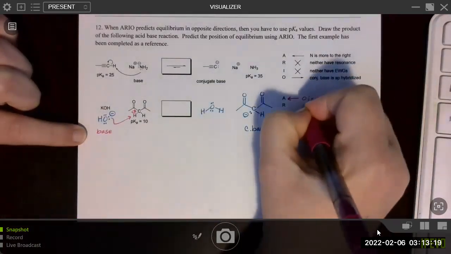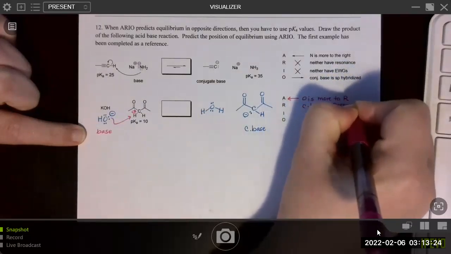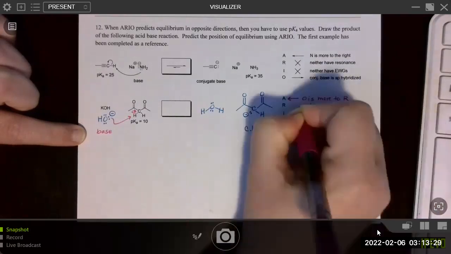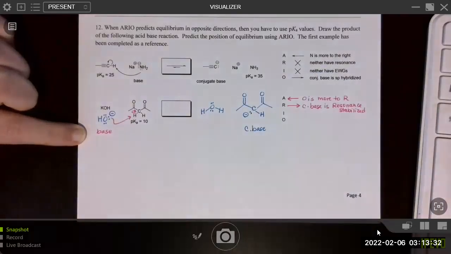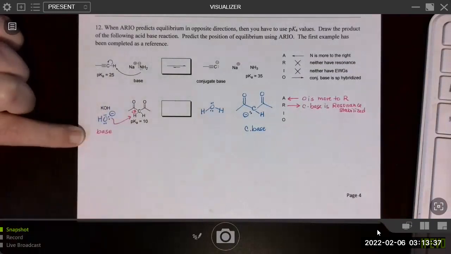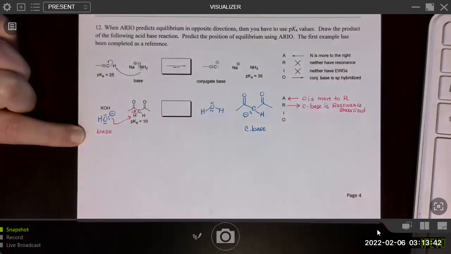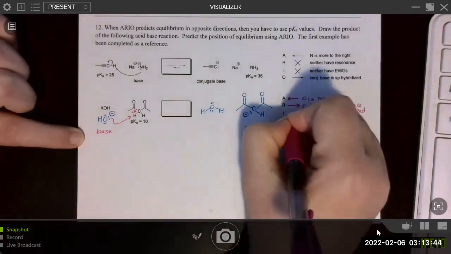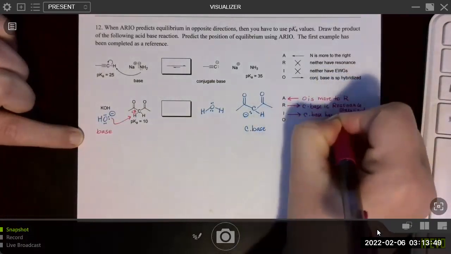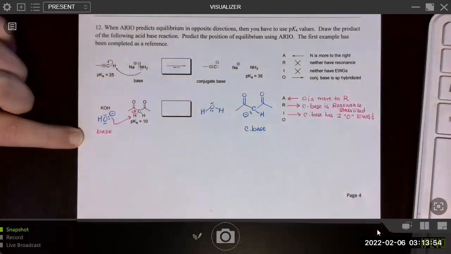So the conjugate base is resonance stabilized. We need to point our arrow towards the conjugate base. And then induction. This one does not have any nearby electron withdrawing group, but the oxygens here are nearby to this carbanion. So the conjugate base has 2 oxygen electron withdrawing groups.